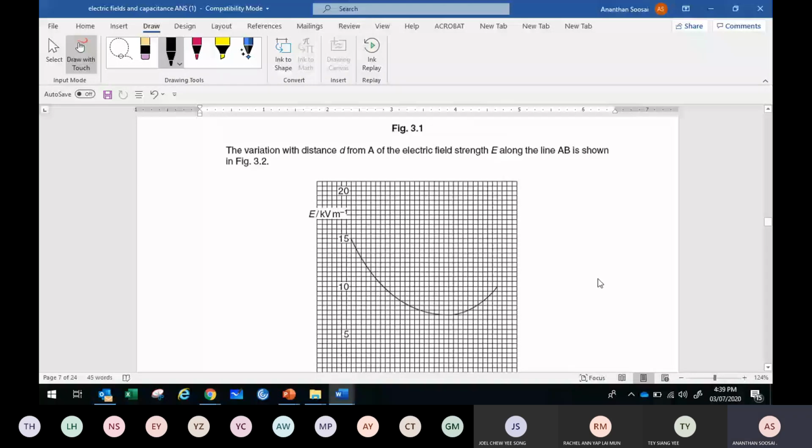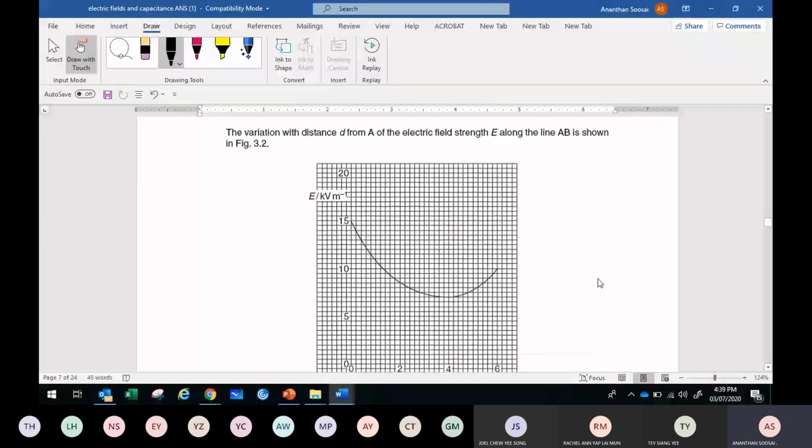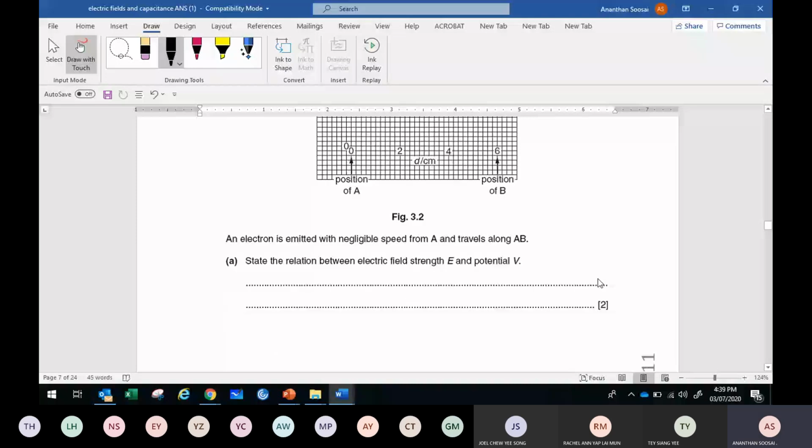Now the question is, come on everyone, give it a try. An electron is emitted with negligible speed from A and travels towards B, from A to B. State the relation between electric field strength and electric potential. This is straightforward. So what is the answer? Electric field strength is the negative of the potential gradient.